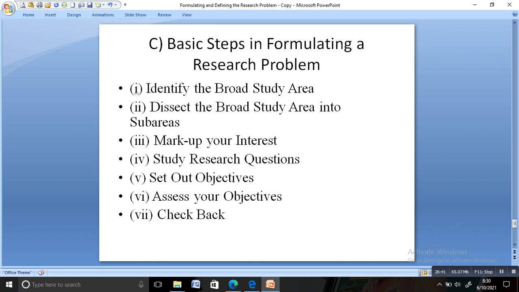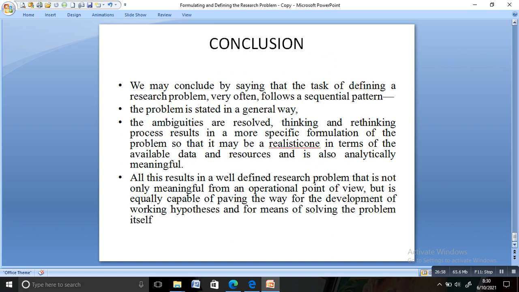Okay, now coming to the conclusion. Defining the research problem is not an easy task. You have to define the problem in a general way. Then you have to resolve all the ambiguities. You should think and rethink, and it results in the formulation of the problem.